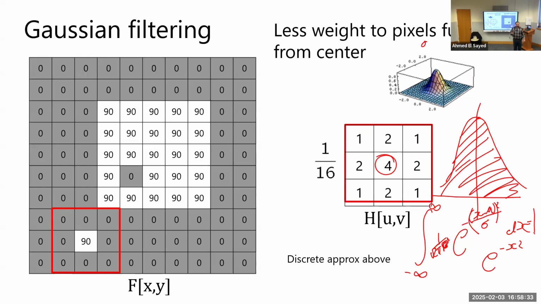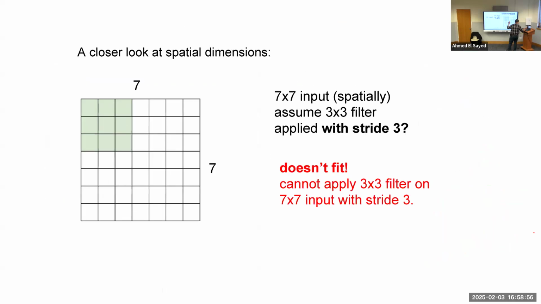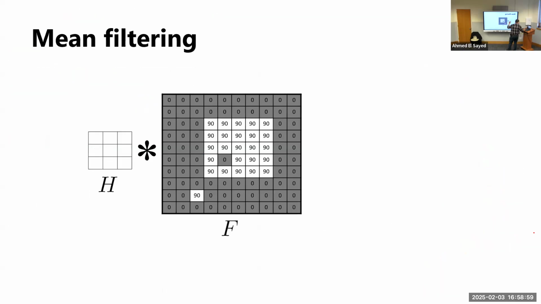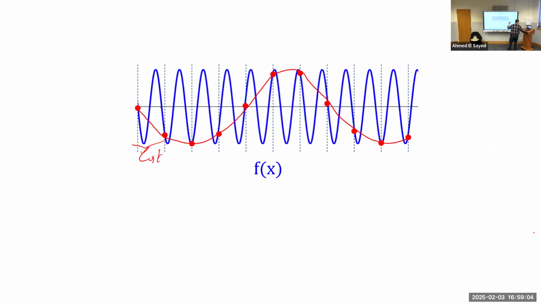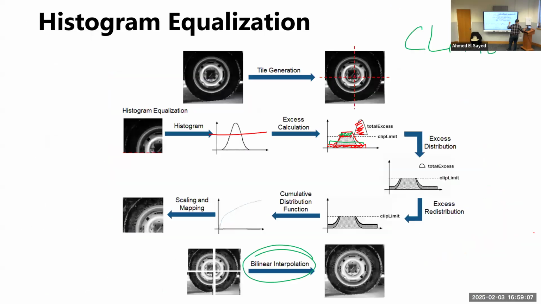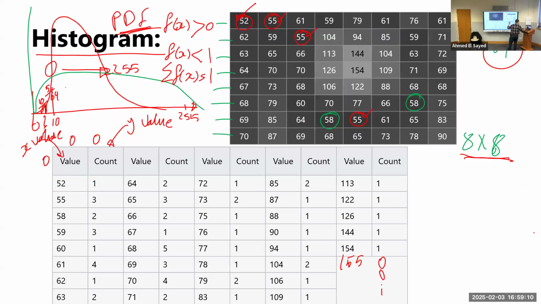What is the property of any PDF? Probability density function. We discussed this last week. What are the properties of any PDF function? A function can be considered as a PDF if it satisfies the 3 conditions.